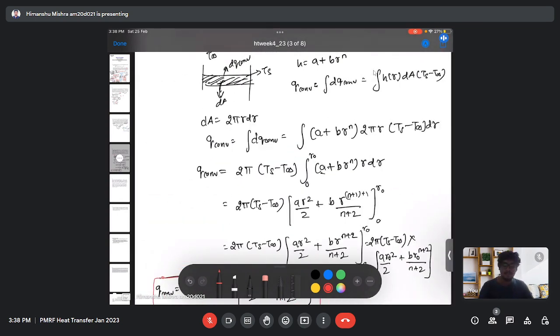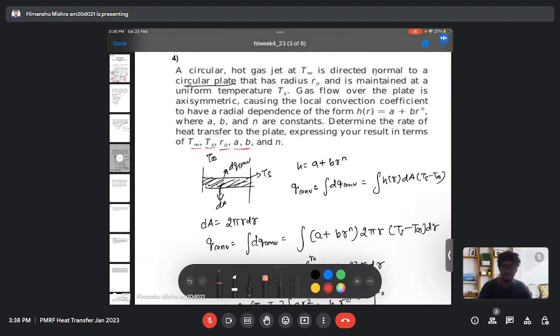So this is a similar problem. We have been given the heat transfer coefficient, and we have been asked to determine the heat transfer in the circular plate.